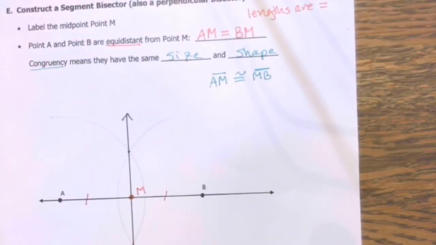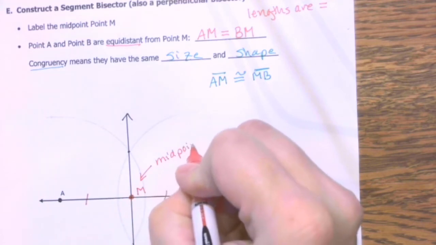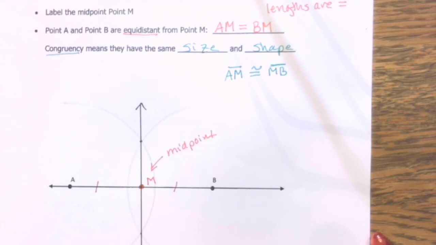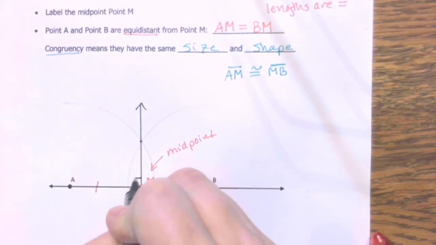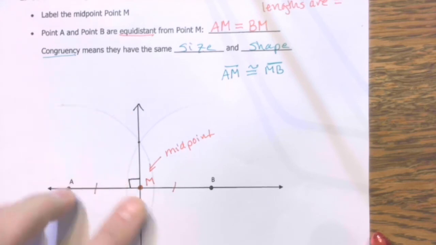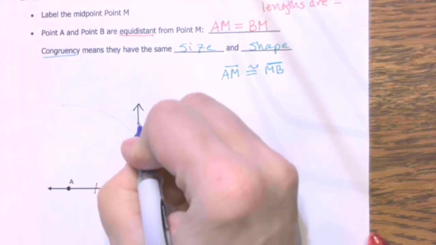All right, so let's label this a little bit. M on this drawing is the midpoint. The line that you constructed is actually perpendicular, so we can put a box on it. Because it is perpendicular and it's on the midpoint, we know that this line, and we're going to label it, let's put letter P on this.